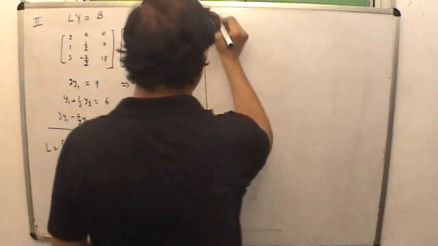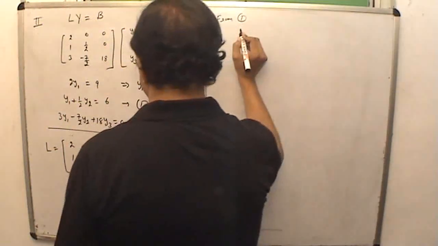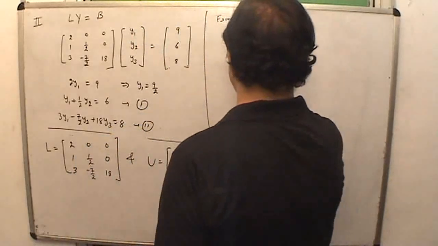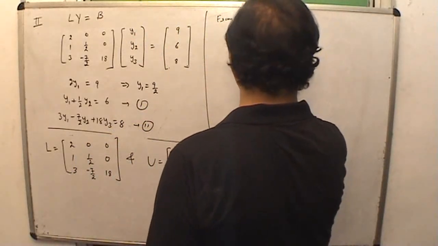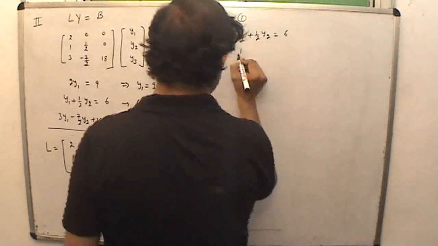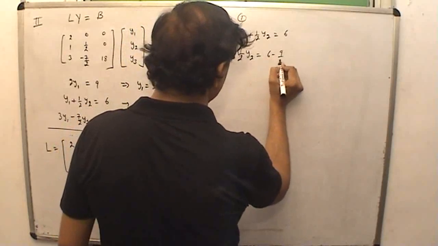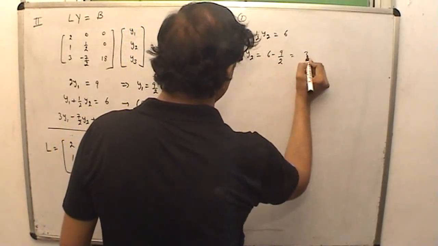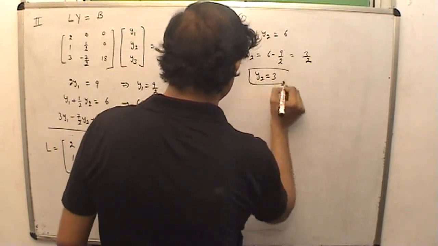And it is number 2. From 1 we get y1 is 9 by 2 plus 1 by 2 into y2 is equal to 6. Then half of y2 is equal to 6 minus 9 by 2, that is equal to 3 by 2. It means y2 is equal to 3.